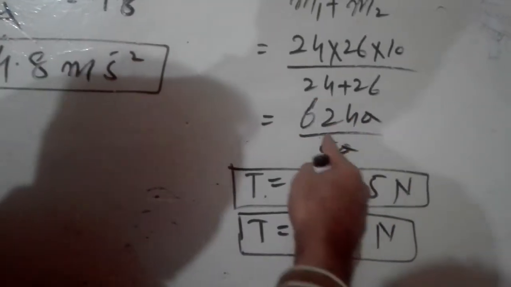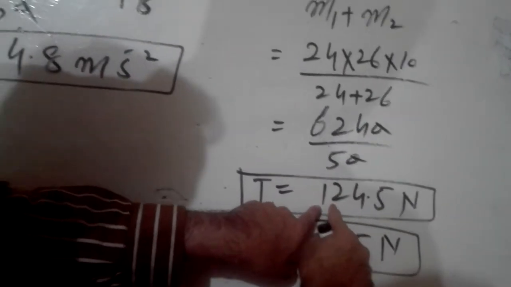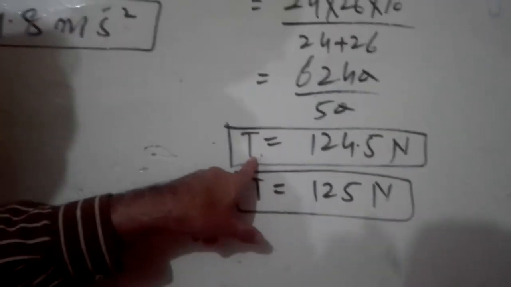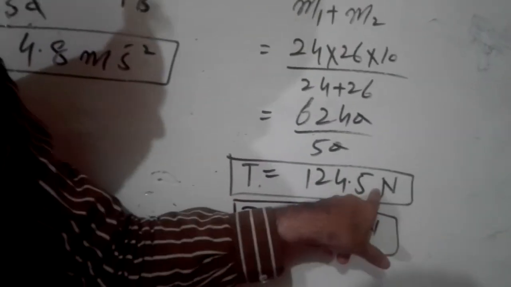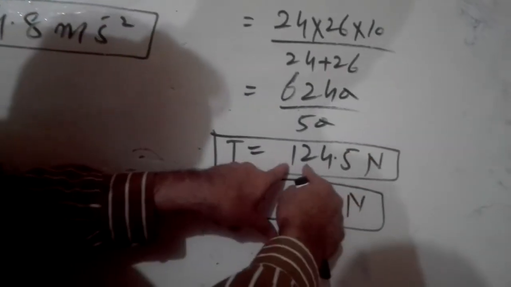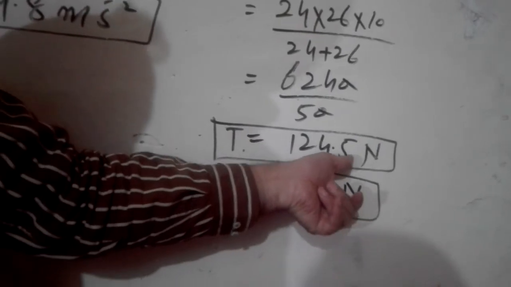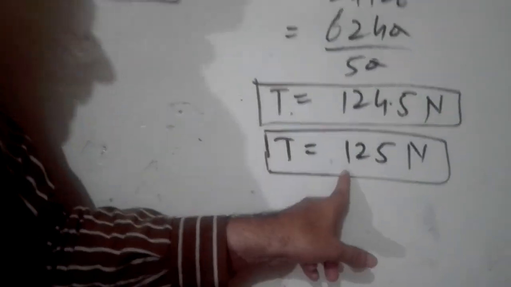Now divide with the help of a calculator, 624 over 5. We get 124.5 Newton, because it is tension, and as you know, tension is a kind of force, so the unit of tension is Newton. But in the book they have written it in rounded form, as a whole number. You can round this to 125 Newton. So both answers are right, whether you write this one or this one. So that's the end of this problem.